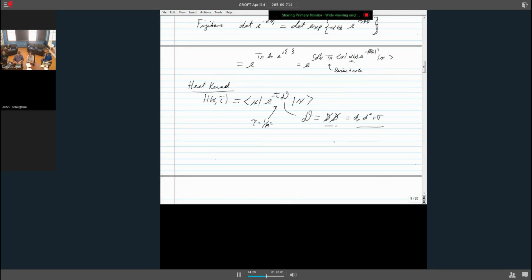And we've evaluated this for the form d mu plus sigma. So if I can put d slash in the form d mu plus sigma, I'm done.